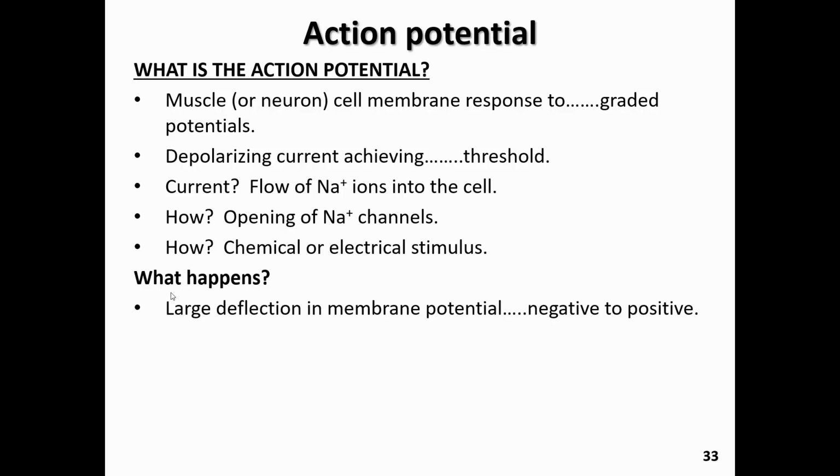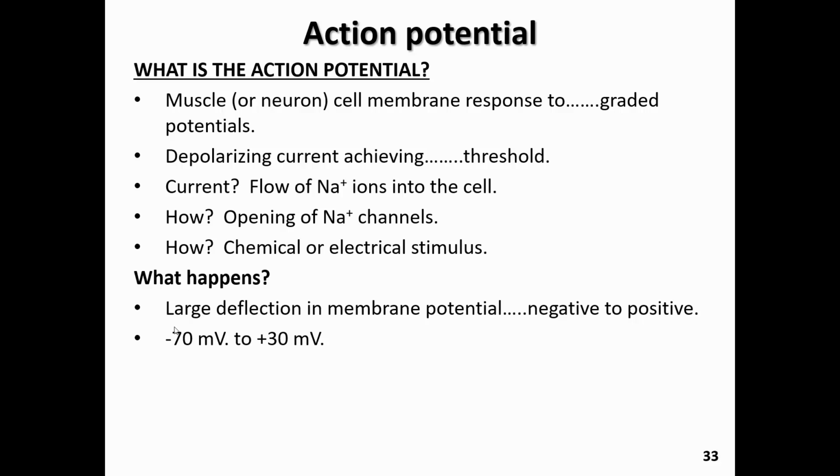So with an action potential, what happens is that there's a large deflection in the membrane potential, so that the electrical state of the membrane changes from negative to positive. So remember, the cell at rest is polarized at about -60 or -70, again, depending upon the cell.